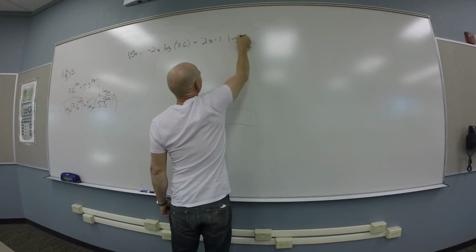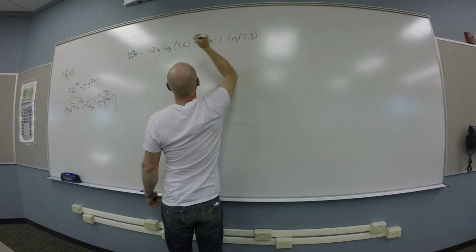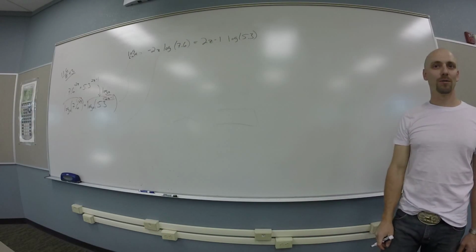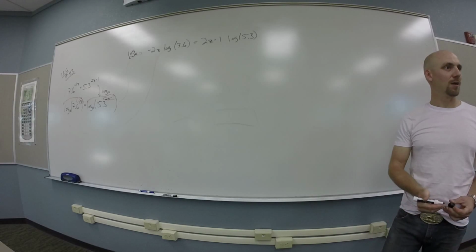Okay, so I've got 2z minus 1 times log of 5.3. Have I messed anything up so far?